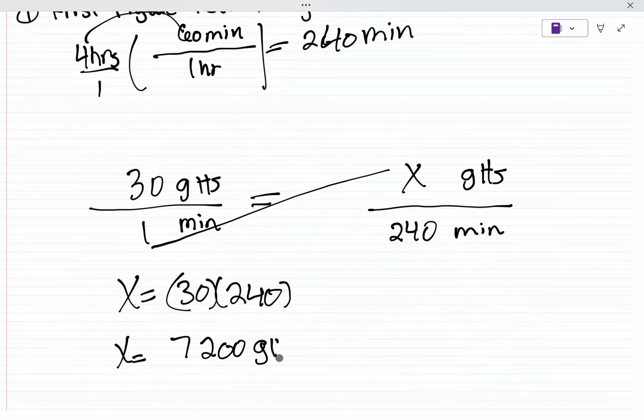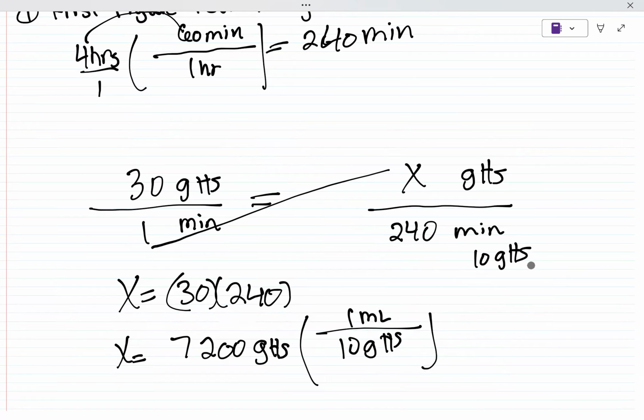Now my final answer has to be in milliliters, so we know that for 1 milliliter, there's 10 drops, because that was given, with a drop factor of 10 drops per milliliter. You have to flip it because that's the only way to get rid of these drops.